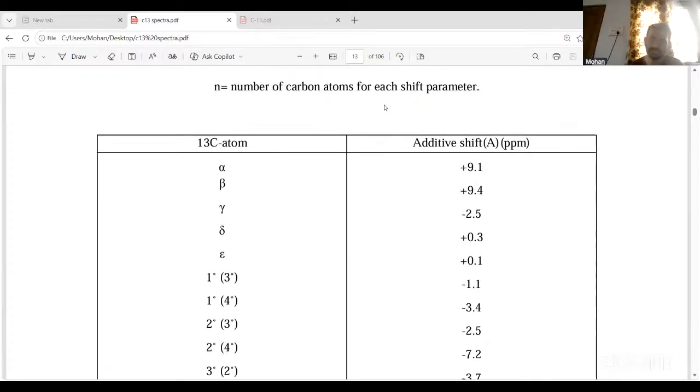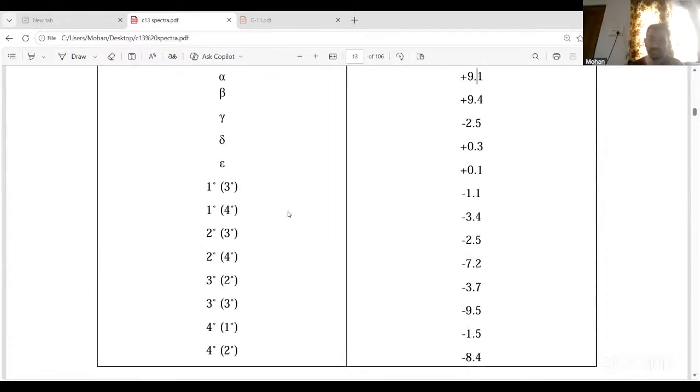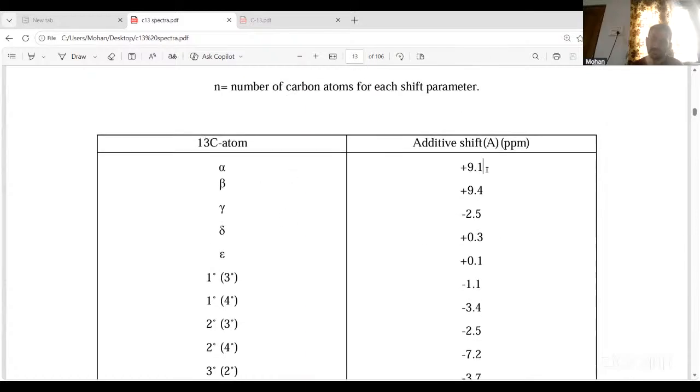For example, the methane CH4 value is taken as minus 2.5. Then after the CH4, if any carbons are there, we'll consider the additional values. If that carbon is at the alpha position, meaning the adjacent one, the additional value is plus 9.1.